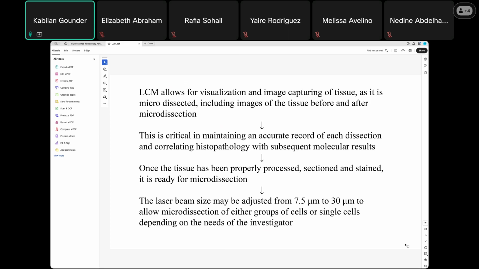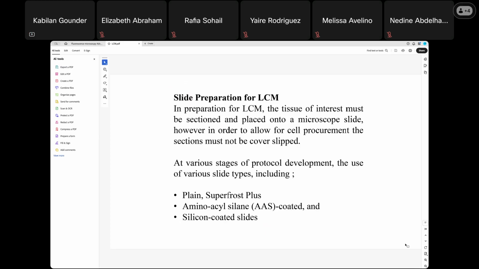So you can adjust the area from 7.5 micrometers to 30 micrometers to allow microdissection of either groups of cells or single cells, depending on the need of our interest. So once you isolate the cells, then you go for analysis.